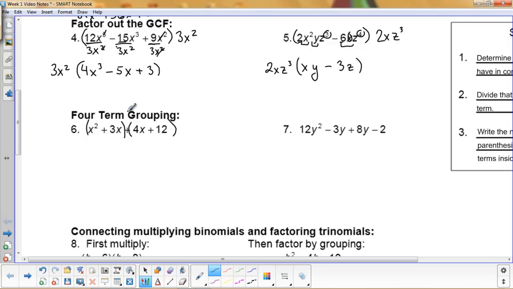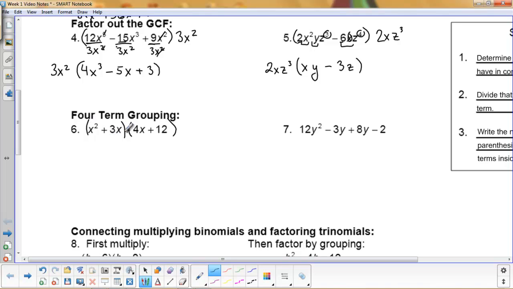But 4-term grouping is very important because there will be times where you can simplify a polynomial, but you can't simplify it by taking out a GCF of the whole thing. Instead, what you've got to do is look at the first 2 terms and the last 2 terms and see what each of them has in common, and then simplify it from there.